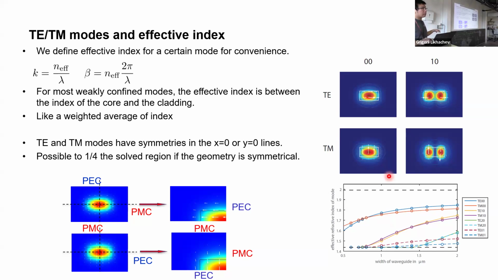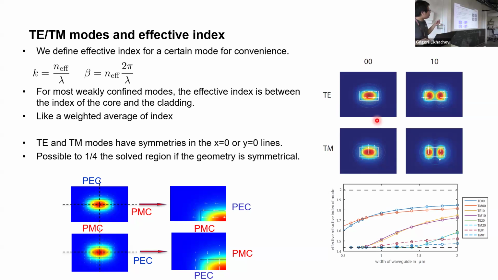TM mode means the magnetic field is in the horizontal plane. Sometimes there also exist higher order modes. In this case, of course, if the wave is propagating along the waveguide, so its Poynting vector is along the waveguide, then the electric field is, on average, perpendicular to the magnetic field.